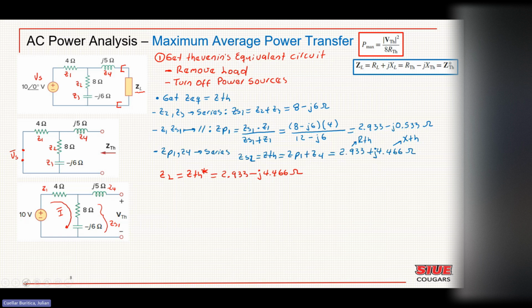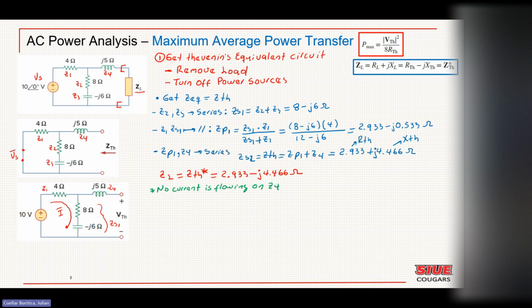Let's write that thing here. No current is flowing on C4. Then, what can we use to compute the voltage Thevenin?